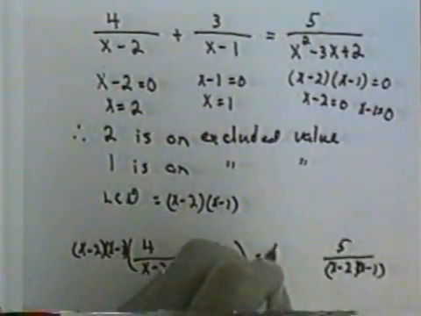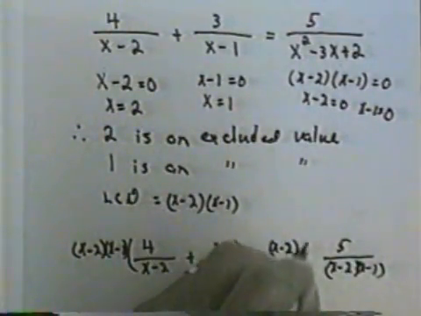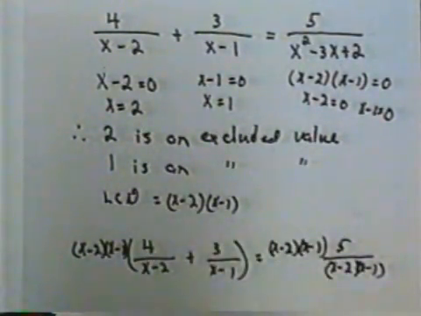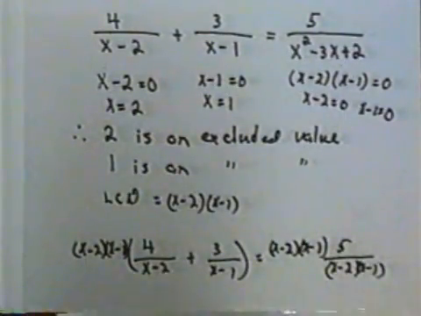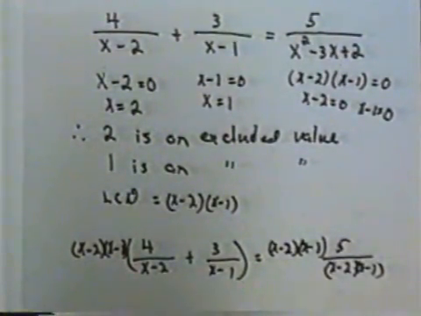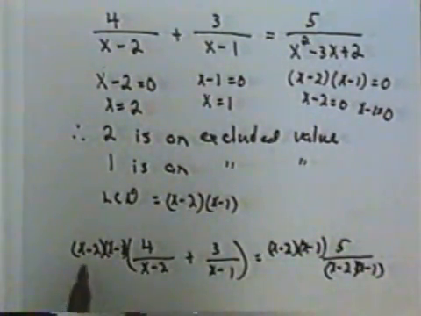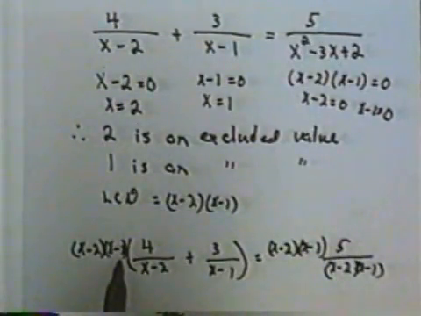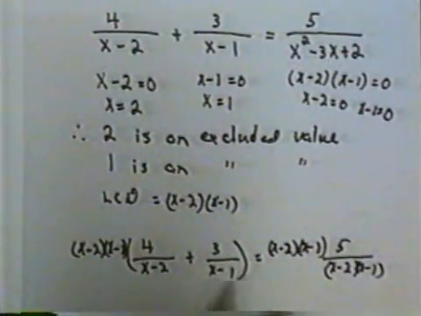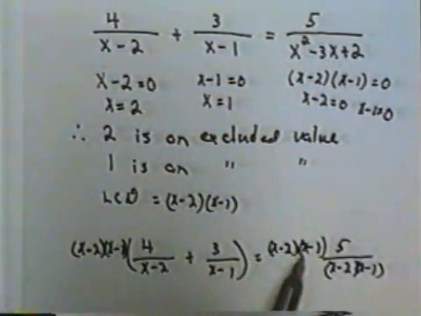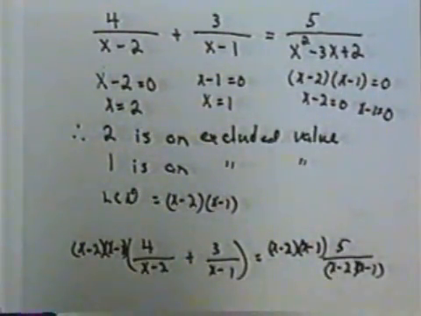I need to multiply this side by x minus 2 and x minus 1. So I need to multiply both sides by the common denominator. Now I had to write so small to get all that on one line, you probably can't read it very plainly, but it is x minus 2 times x minus 1 times the left member is equal to x minus 2 times x minus 1 times the right member.